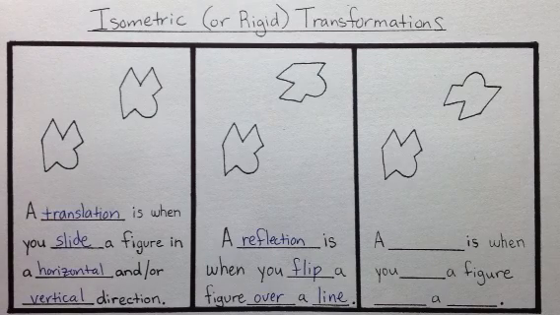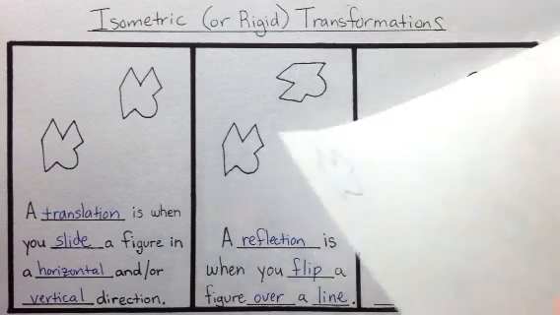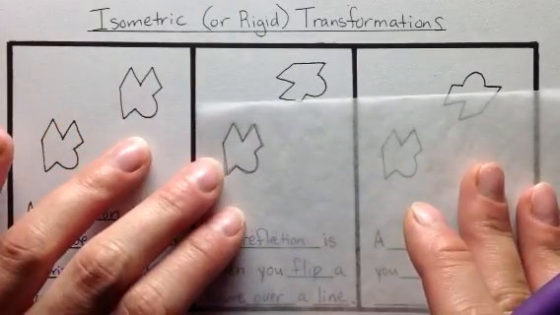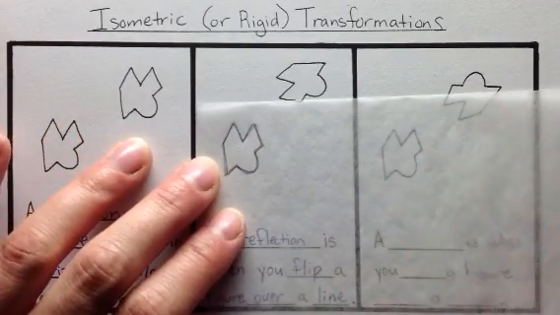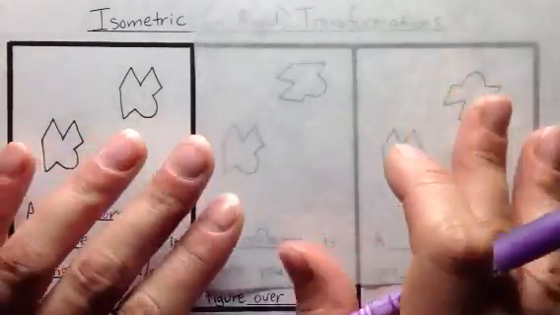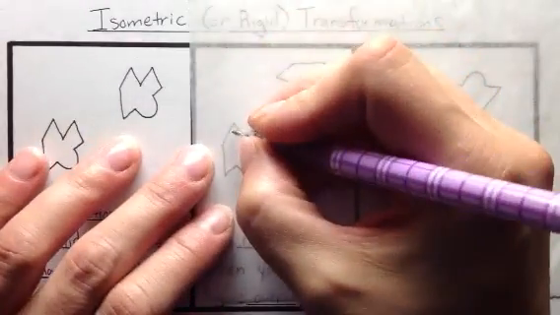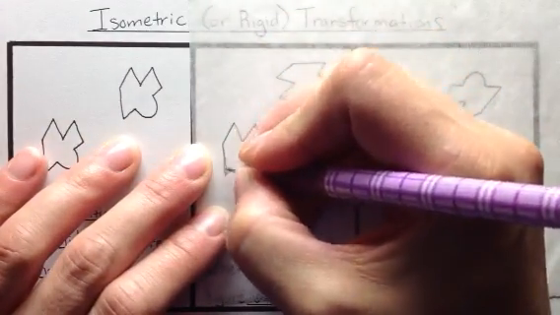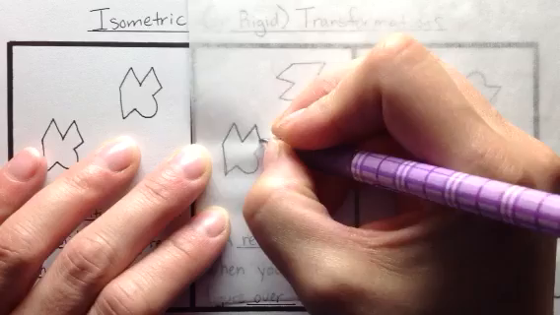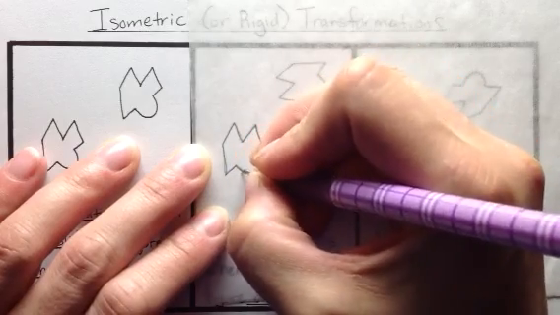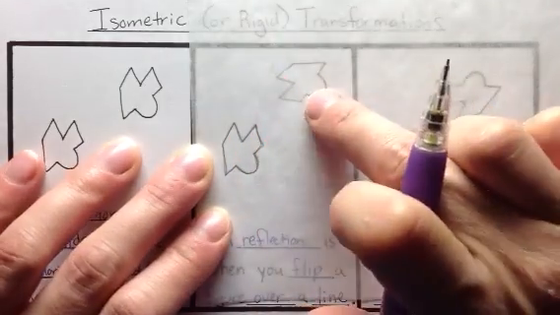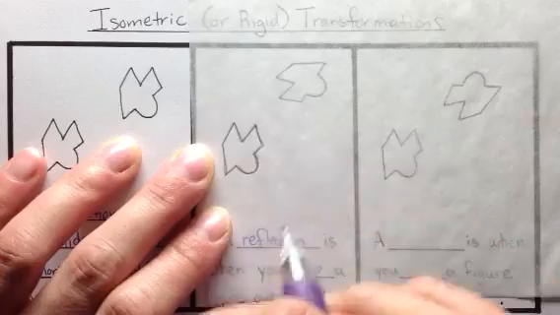So you know when something's a reflection if when you trace your pre-image, if you draw a line, actually I'm going to have to slide this up so you can see the whole thing. So I'm going to trace it again. So here's my pre-image where I start. To get to my image, I have to flip it over a line.